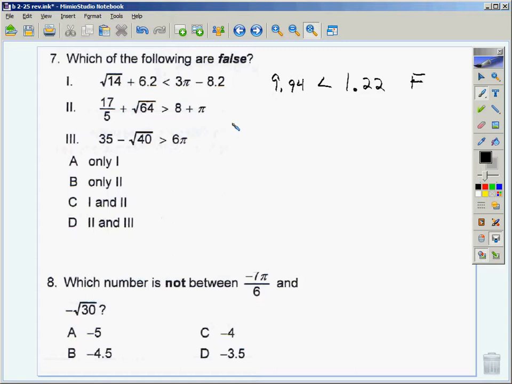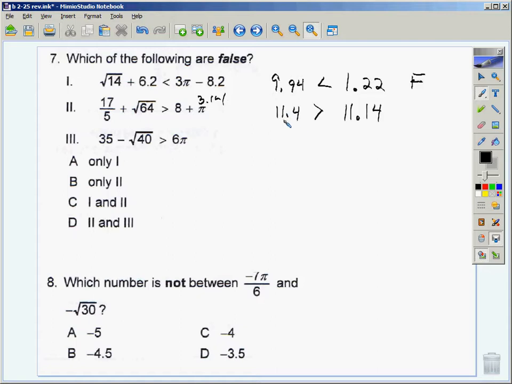And when I go to do the next one, 17 fifths. By the way, what's the square root of 64? 8. This comes up to about 11.4. Likewise, this is going to be 8 plus 3.14, which says 11.14.